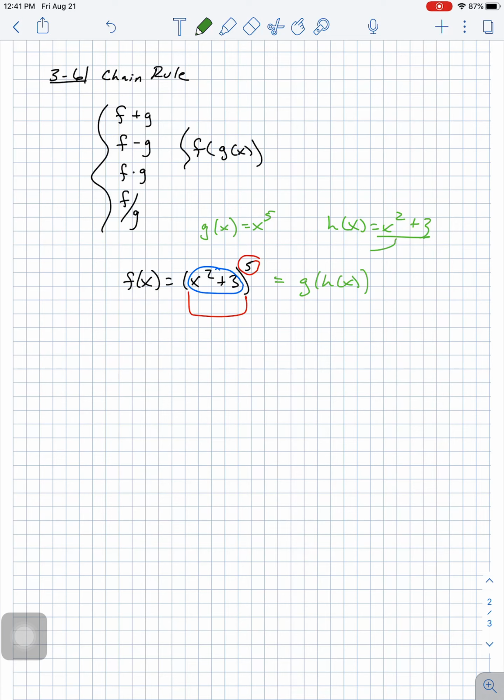It's h plugged in here for g. So when we look at a function, we often talk about what's the inside function and what's the outside function. And we're going to start to be able to identify that in already composed form instead of these two parts like we did in Algebra 2.